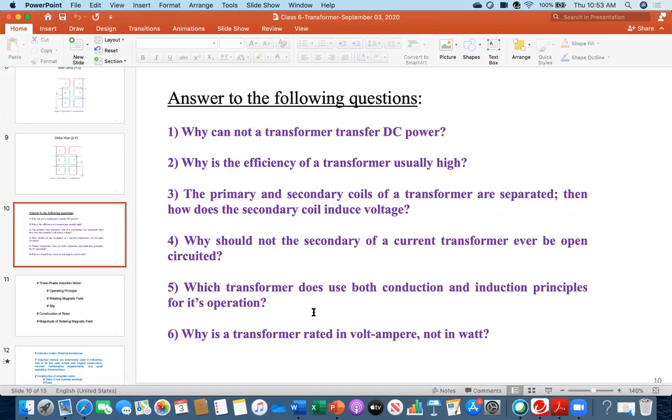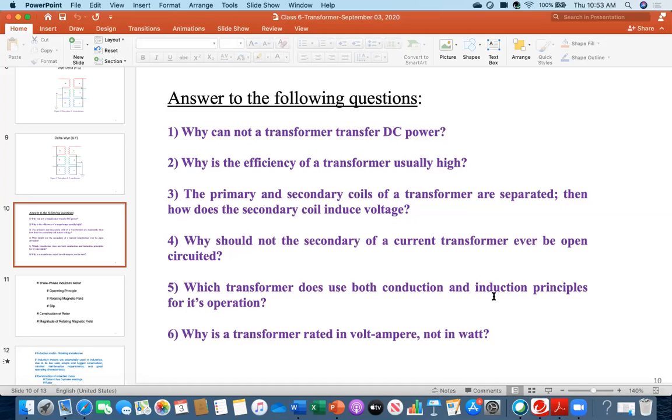You remember? The auto transformer has only one common coil, only one set of common coil that is shared by both primary and secondary. So this means that it is also based on conduction because it is common to both primary and secondary.